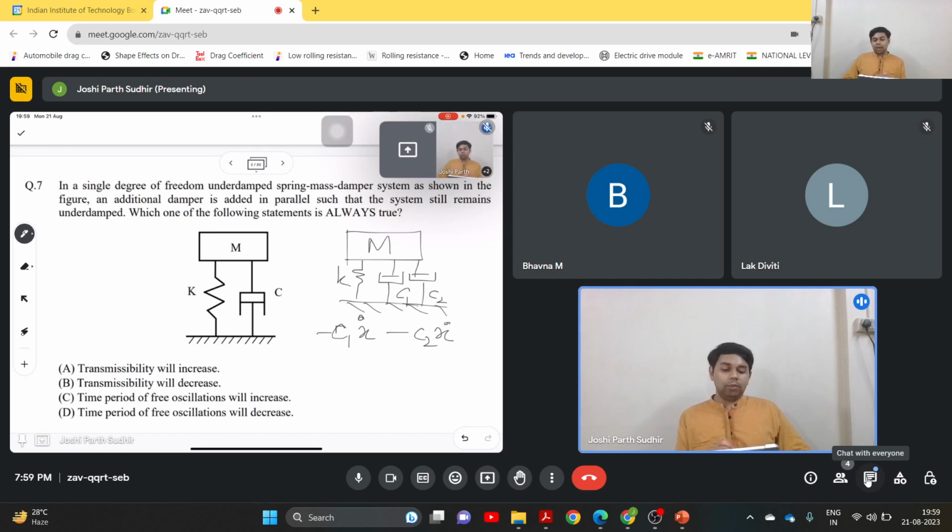So the effective damping will be C1 plus C2, into x dot. So the effective damping is C1 plus C2.